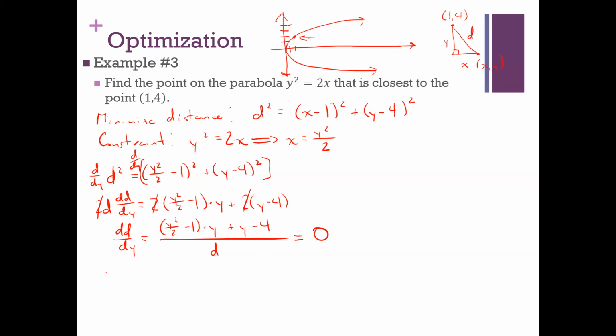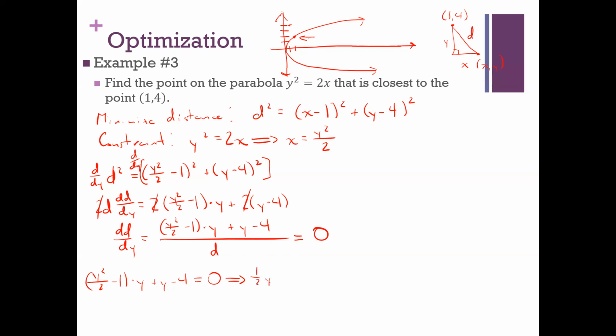And something kind of nice here, if this thing's equal to 0, then what I'm really setting equal to 0 is the numerator. So I have y squared over 2 minus 1 times y plus y minus 4 equals 0. Now we just got to simplify and solve.